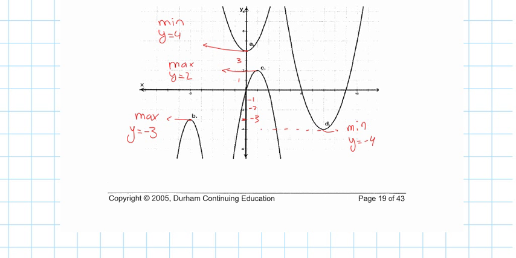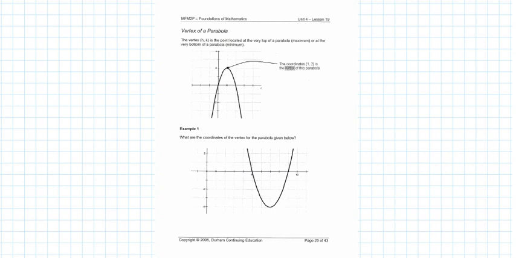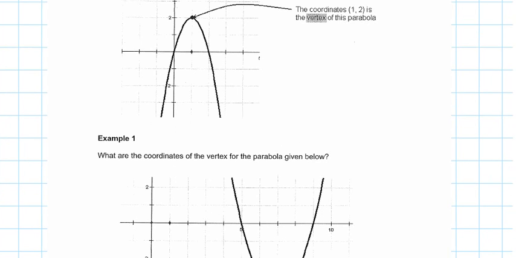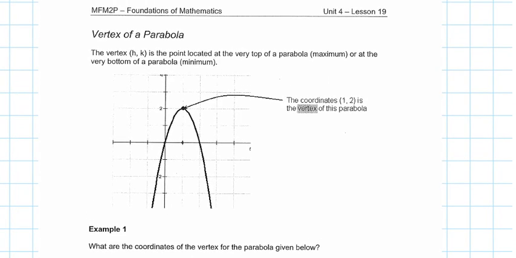Are we good? Okay. Now, the general word for that maximum point or minimum point is called the vertex. The vertex is actually the name of the whole point. It's not only the y value of it.